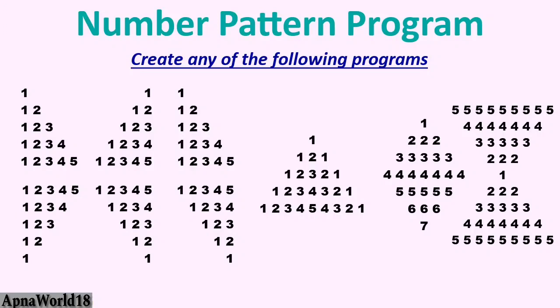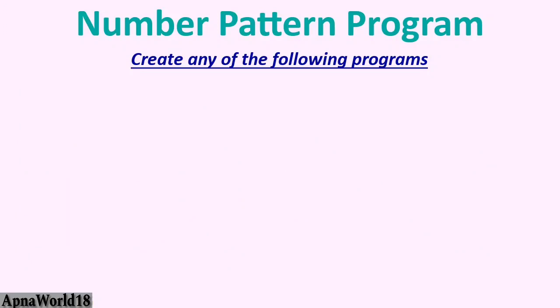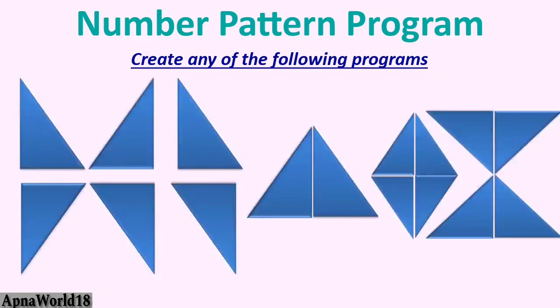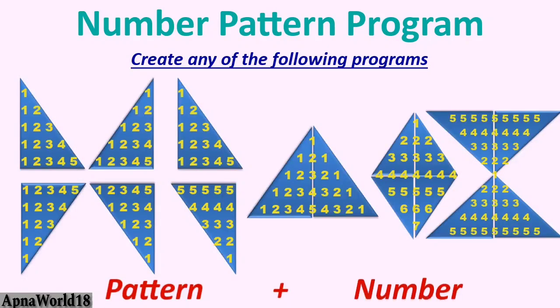When you do a number pattern program, you will notice there are actually two things which make the pattern. One is the pattern or shape, and second is the numbers which are there inside the pattern. Like over here, the numbers are same but they are in different patterns. Or here the pattern is same but each of the triangles has different numbers.